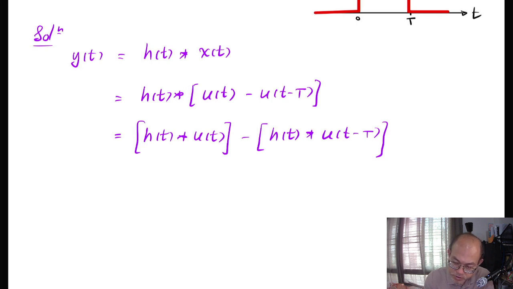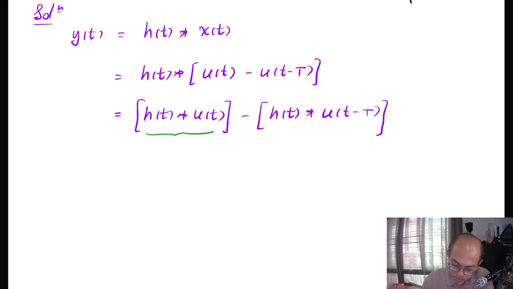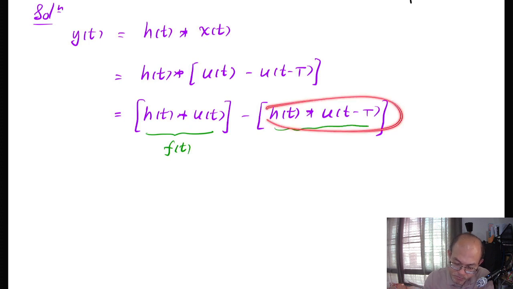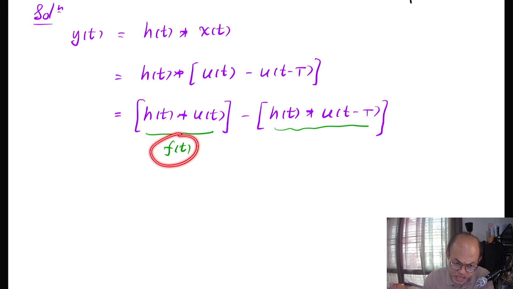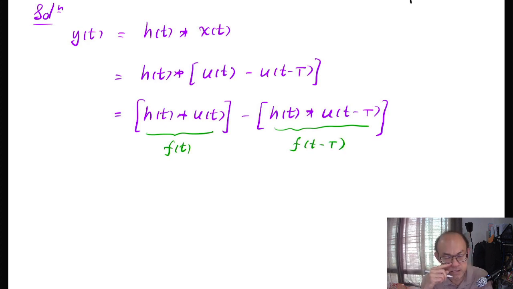If we denote the first term by f of t, then by the time shift property, we don't need to do this one again. We just simply shift f by capital T. So this is going to be f of t minus capital T.